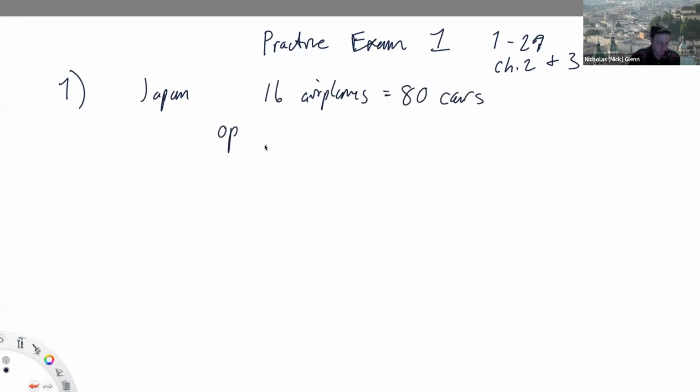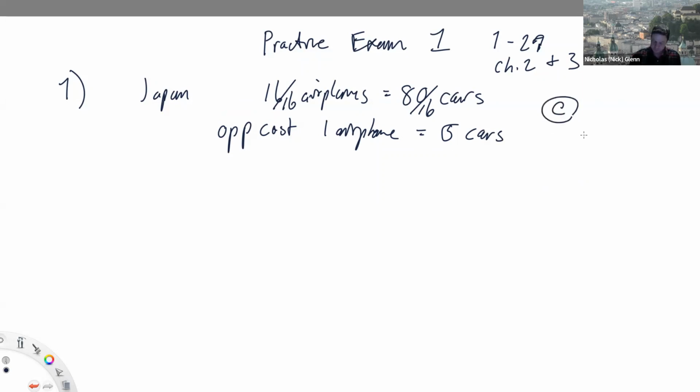So to get the opportunity cost for one airplane, we just divide both of these by 16. And what does that give us? The opportunity cost of one airplane is 5 cars. And that is C.